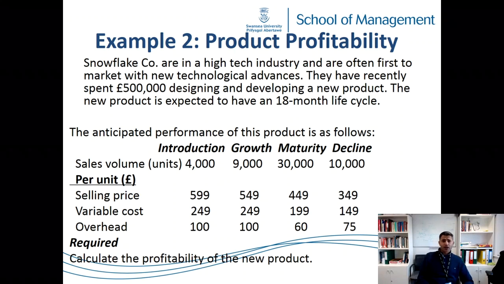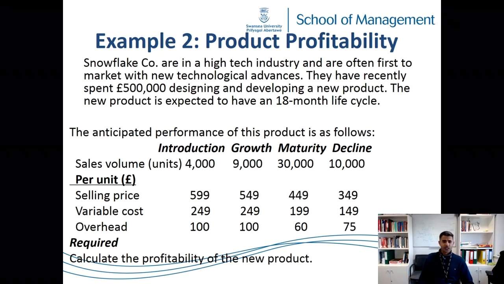Anyway, let's have a look at the 4 stages. Introduction: we expect this to sell 4,000 units. Growth, 9,000 units. When the product is established, we expect to sell 30,000 units. And at the decline stage, we expect to sell only 10,000 units.